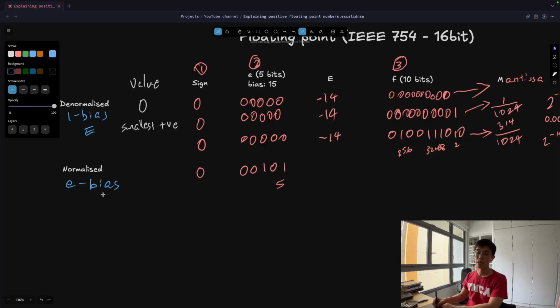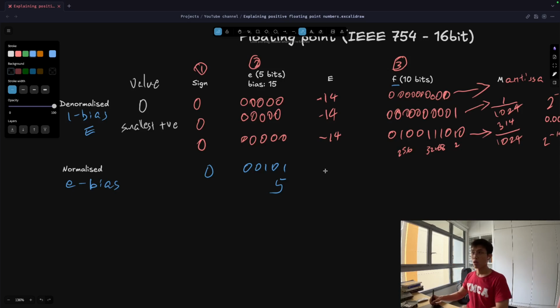The second difference is that for F, the normalized numbers have an implied leading 1. I will get to what that means in a bit when we calculate the mantissa, but just keep that in mind for now. So we go back to the exponent.